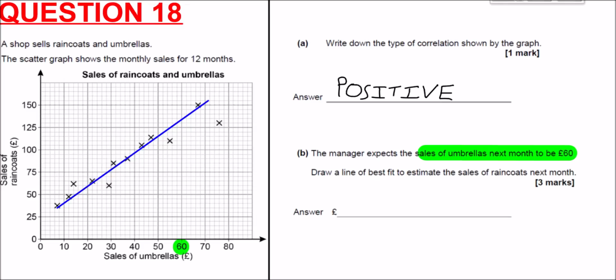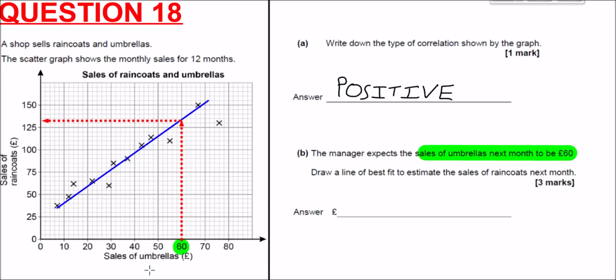What we can do is use his estimate to read off from the line of best fit where the line would cross on the y-axis. So if we go up to the line of best fit until we hit it, then as soon as we hit it, we go across until we get to the y-axis.